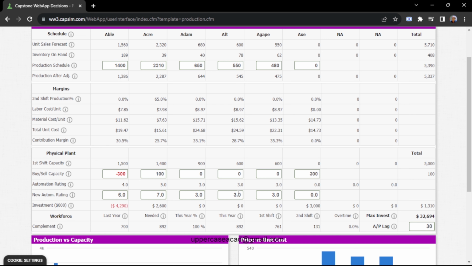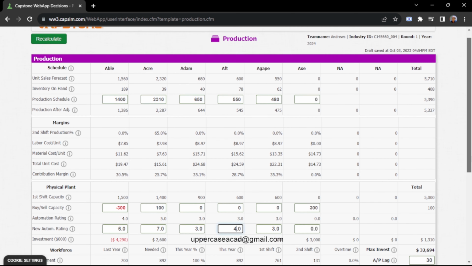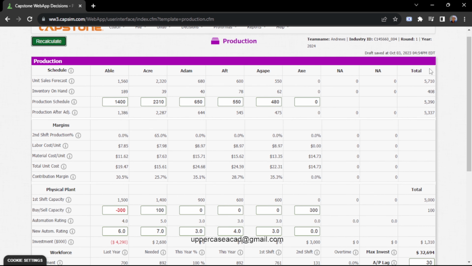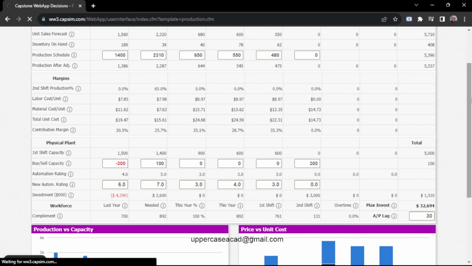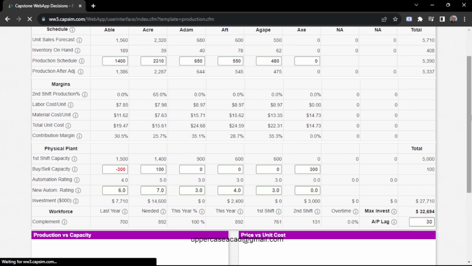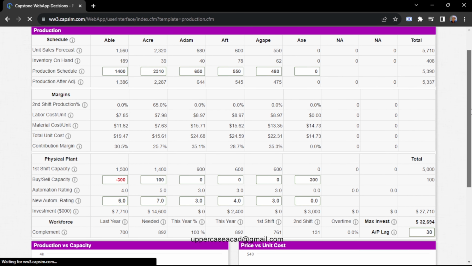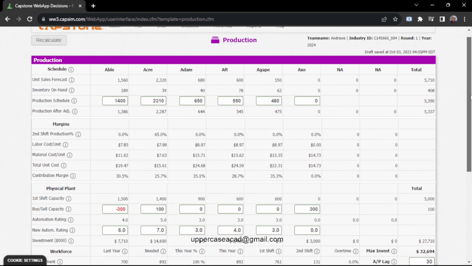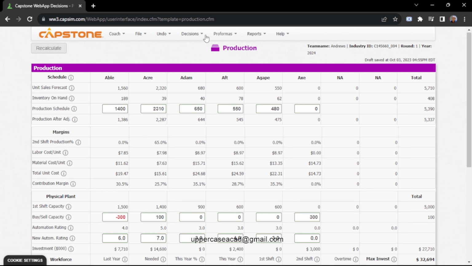Then in the performance market segment, this product I'll give an automation of 4, because there the materials are expensive, and I'm trying to get the margin by reducing the labor cost. So that's my decision in production.